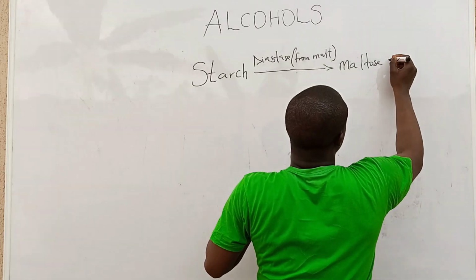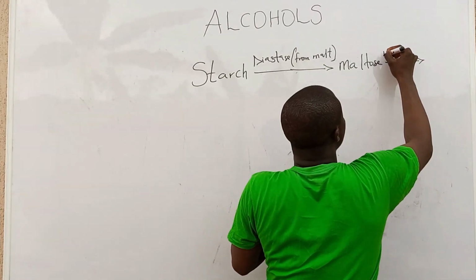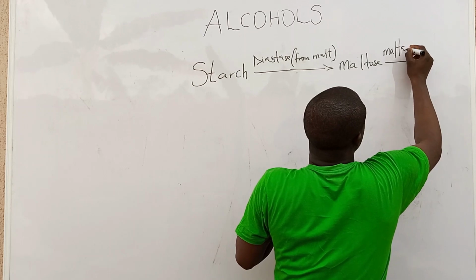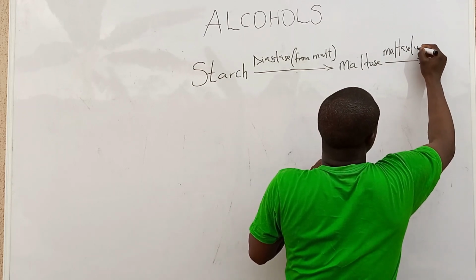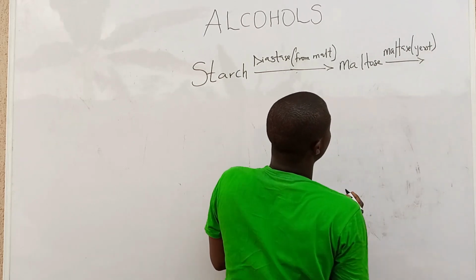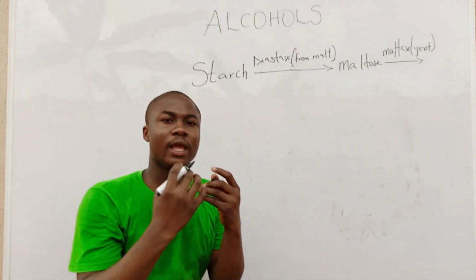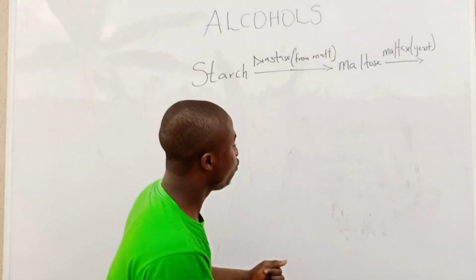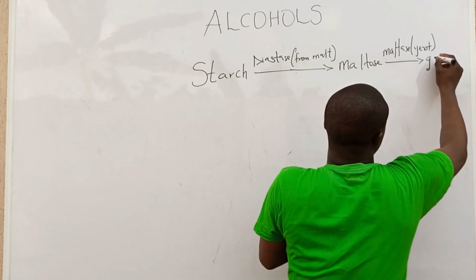Now, maltose will be acted on by an enzyme called maltase, which is gotten from yeast, to give us a monosaccharide called glucose.